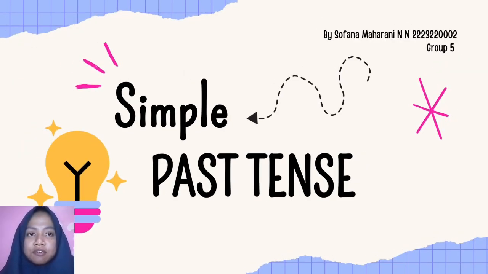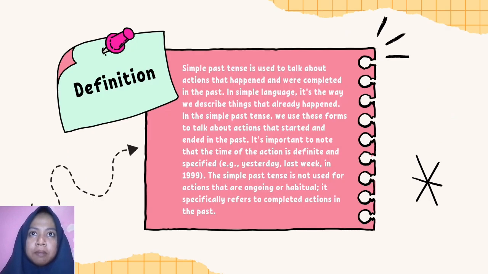Hello guys, my name is Sofana Maharani and I want to explain about simple past tense. Simple past tense is used to talk about actions that happened and were complete in the past. In simple language, it's the way we describe things that already happened. We use this form to talk about actions that started and ended in the past.